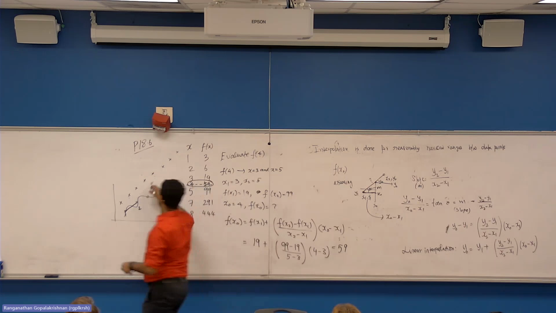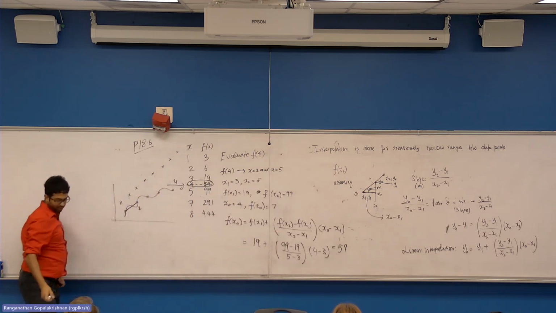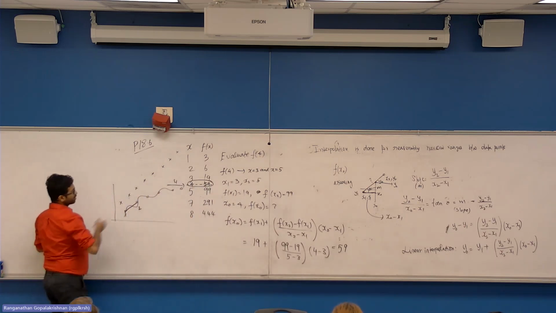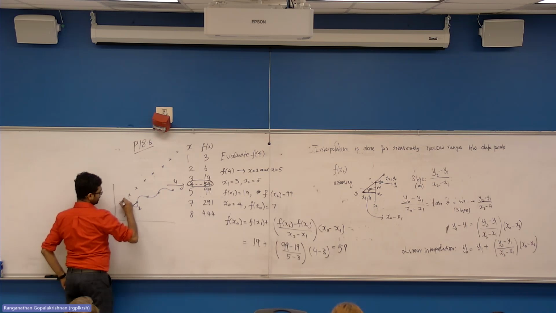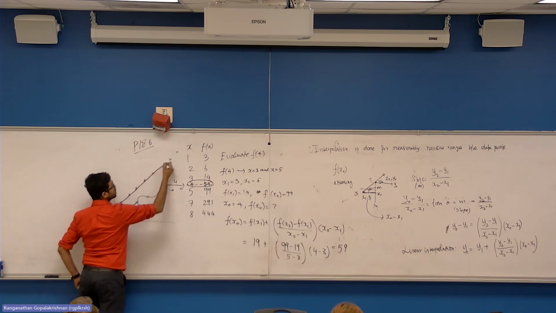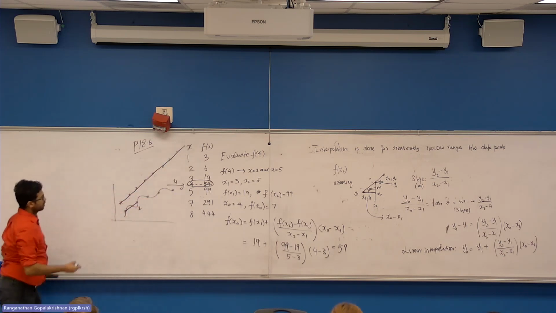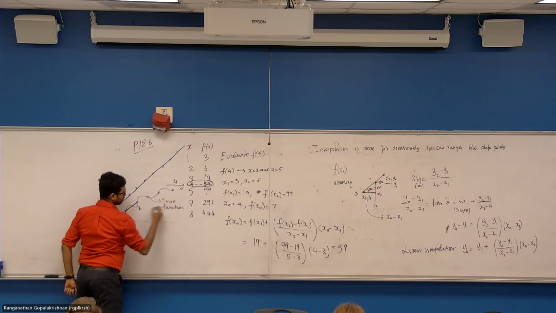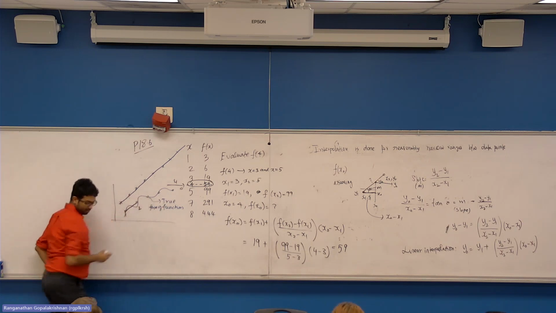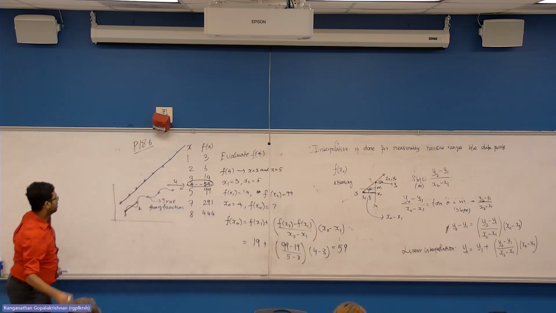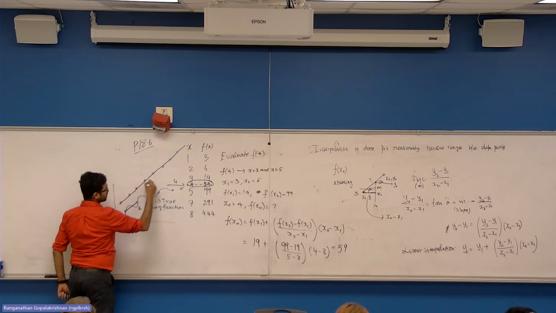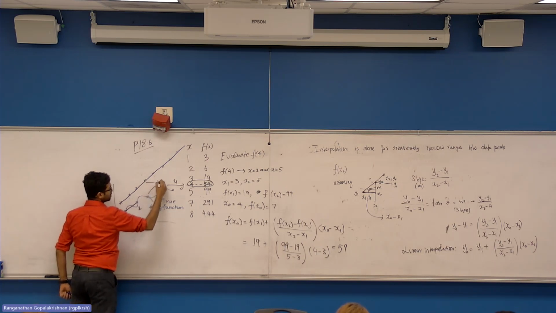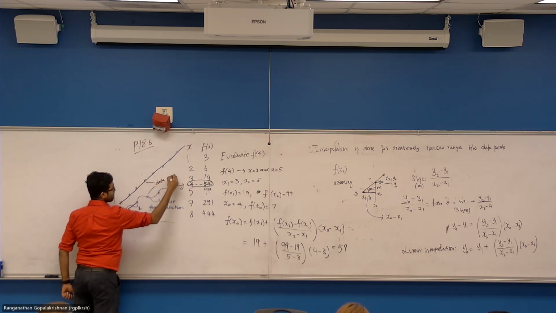Look at this data set. If I tell you that the function underneath this data set is actually a straight line that just runs like this, I'd say this blue line is the true form of the function, and the black circles and the x's are discrete data points.